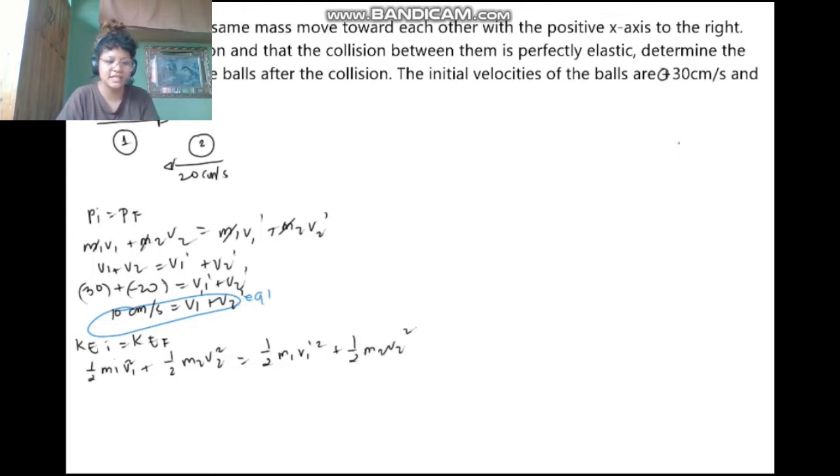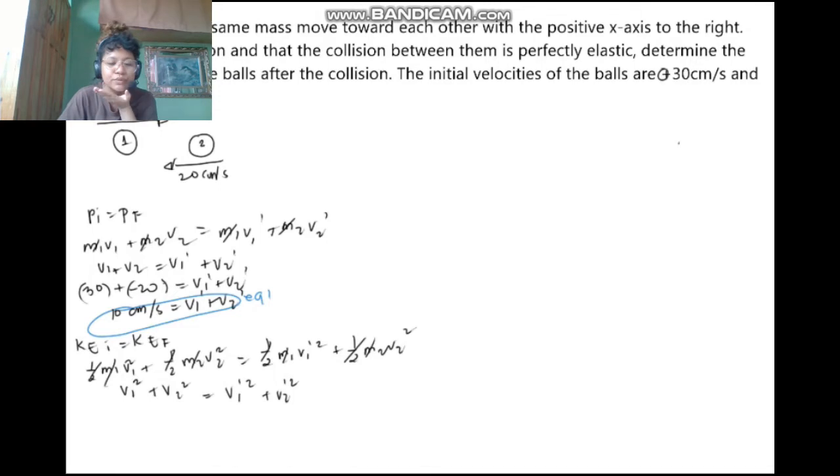We can now cancel the mass since all of them are equal, and cancel the 1/2s. And what's going to remain is v sub 1 squared plus v sub 2 squared is equal to v sub 1 prime squared plus v sub 2 prime squared.